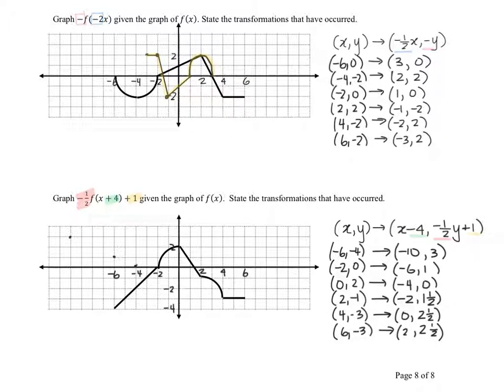We have (-2, 1.5), right there. We have (0, 2.5) up here. And then we're going to have (2, 2.5) up here. Okay.